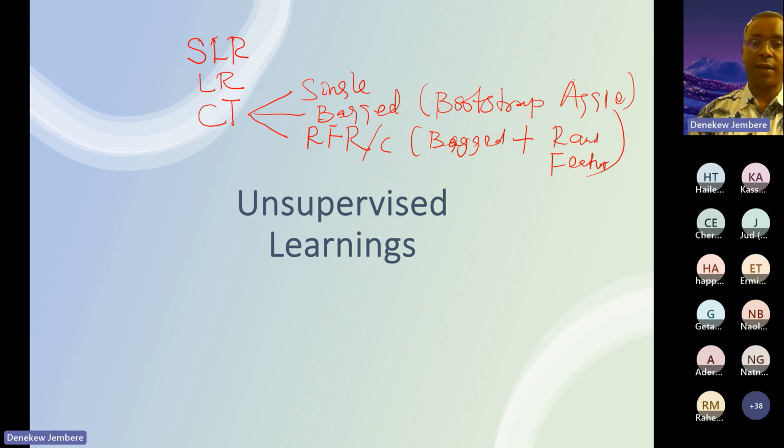So we just covered the simple linear regression and also multivariate linear regression were touched, and logistic regression, logit, and the classification tree, which is a single or bagged or the combination of bagged and random.